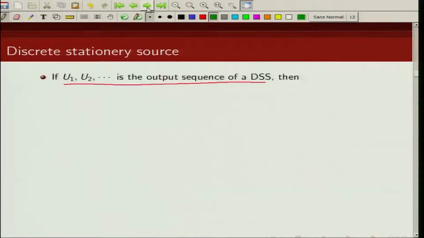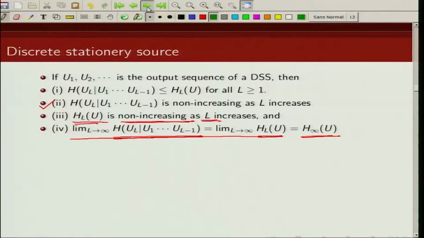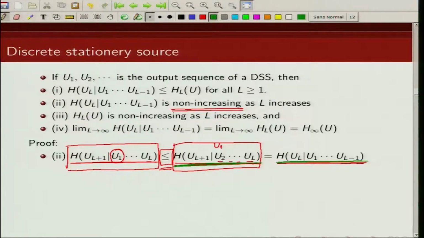So invoking this property of a discrete stationary source, because the U_i are coming out of a discrete stationary source, we can write this uncertainty of U_{L+1} given U_2, U_3, ..., U_L as the uncertainty in U_L given U_1, U_2, ..., U_{L-1}.